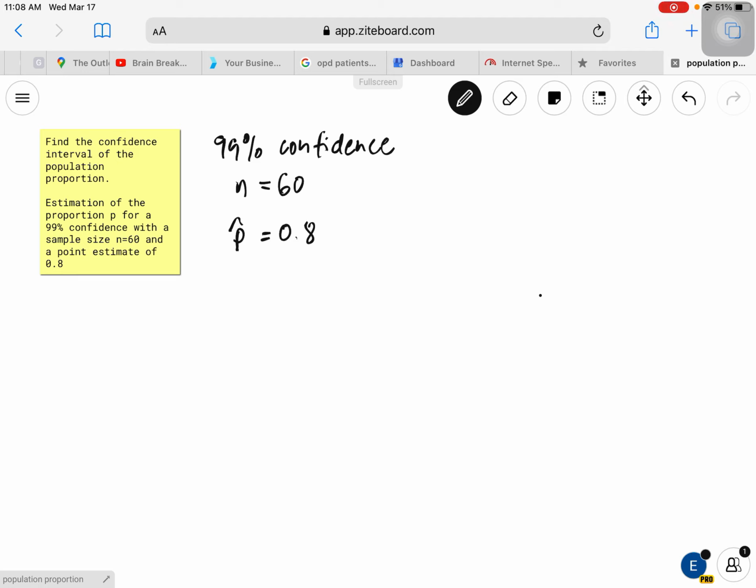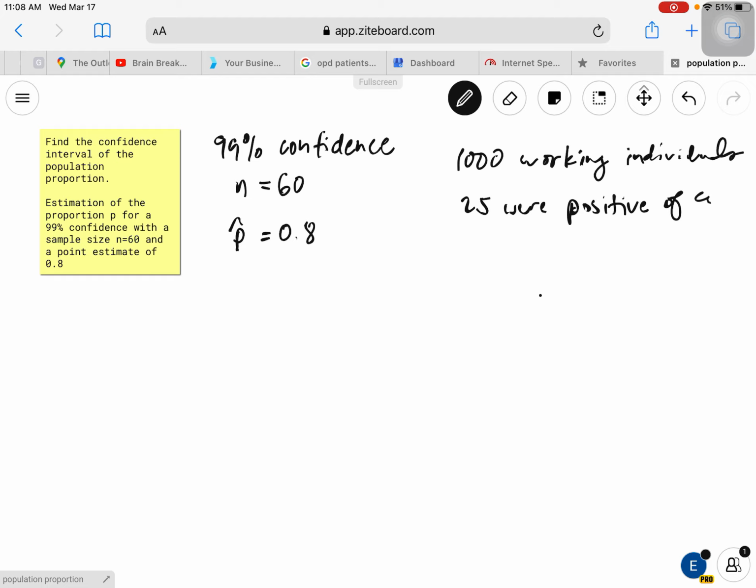So for example, in a random sample of 1,000 working individuals in Cebu City, 25 of them were positive of COVID-19.